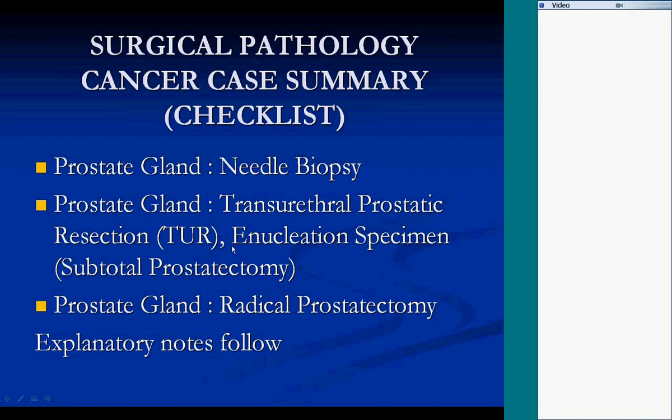Also in that same category are enucleation specimens, which refer to prostatectomies, not radical prostatectomies, but rather simple or open or subtotal prostatectomies. Those are all surgical terms that refer to that type of procedure. And then finally, the radical prostatectomy, which is surgery for prostate cancer, in distinction to the subtotal prostatectomies, which are performed for BPH and are enucleations really only of the transition zone and BPH nodules.